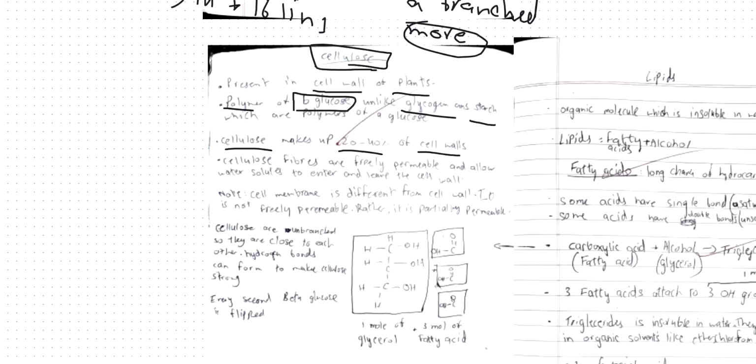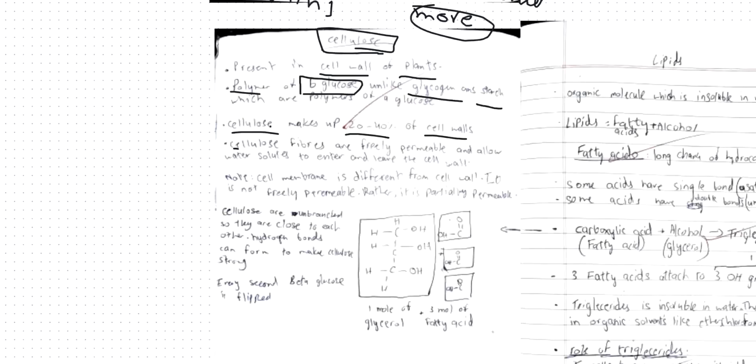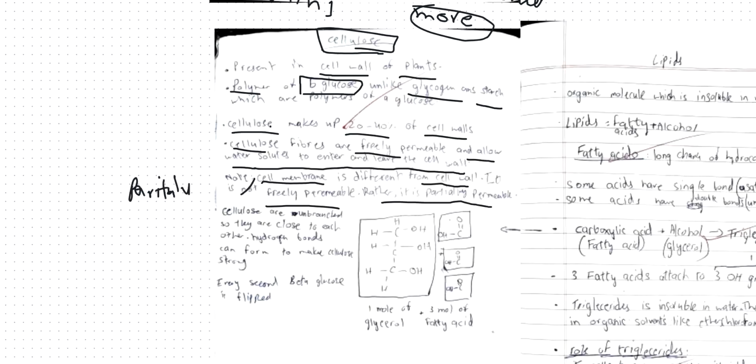Other than that, cellulose fibers are freely permeable and allow water and solutes to enter and leave the cell wall. Note that the cell membrane is different from the cell wall. It is not freely permeable, rather it is partially permeable. So the cell membrane is only partially permeable, whereas the cell wall is fully permeable.